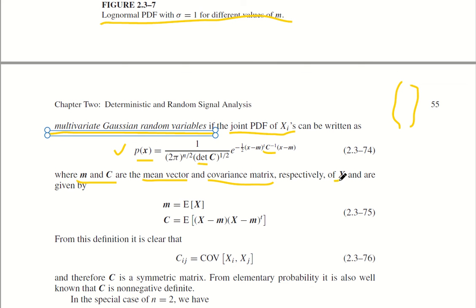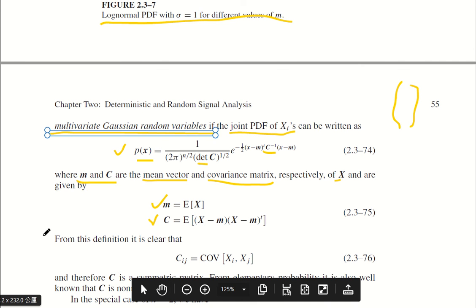matrix of x, and we can explicitly write it out: m equal to the expectation of x, C is equal to the expectation of (x minus m)(x minus m) transpose.